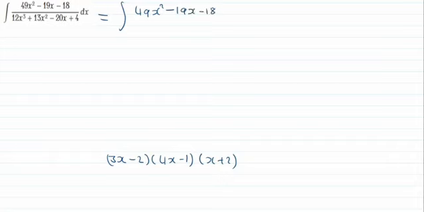Then we're going to divide everything by the roots that we found, which are 3x minus 2, then 4x minus 1, and lastly x plus 2.